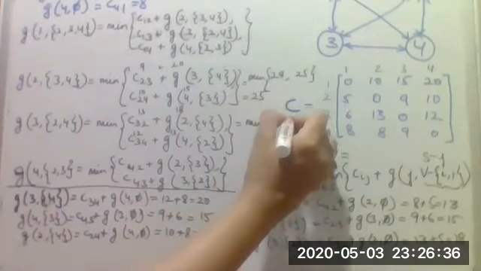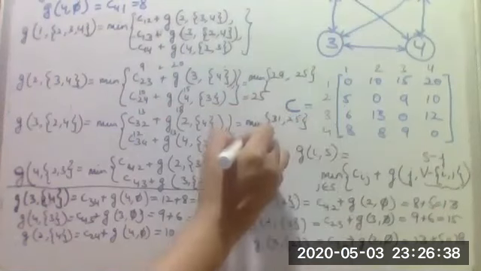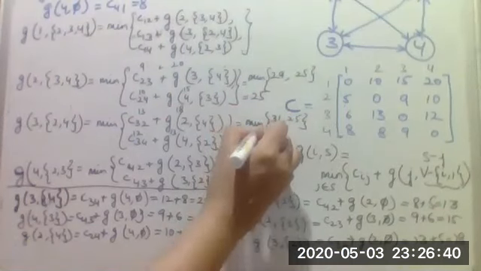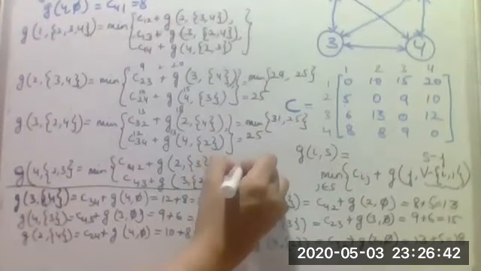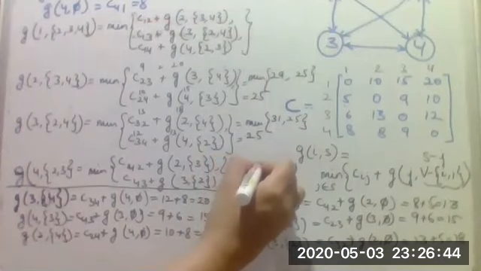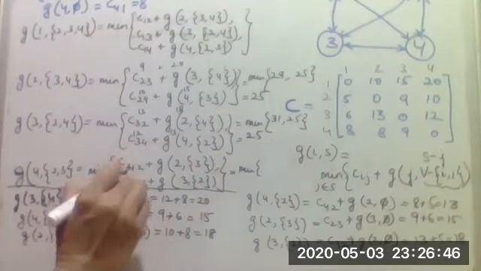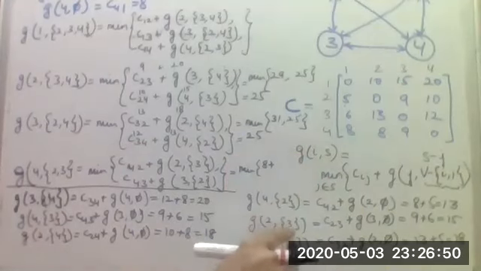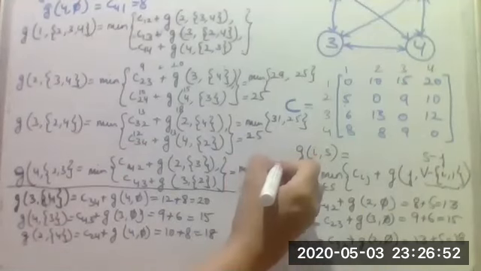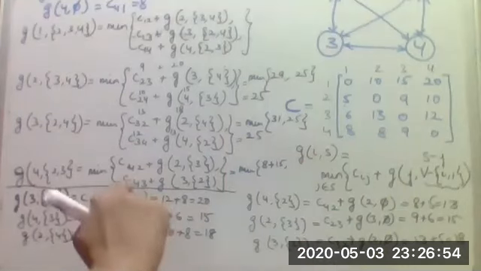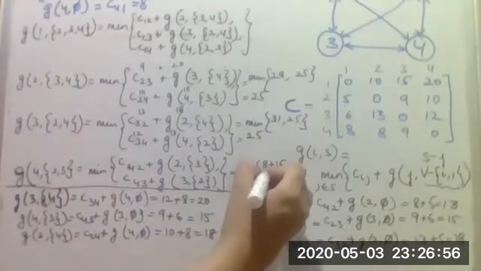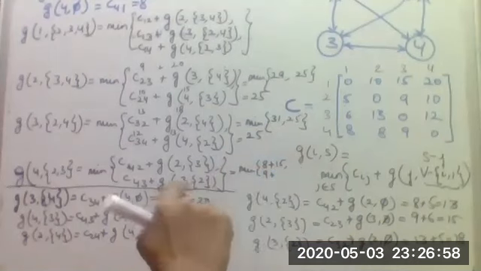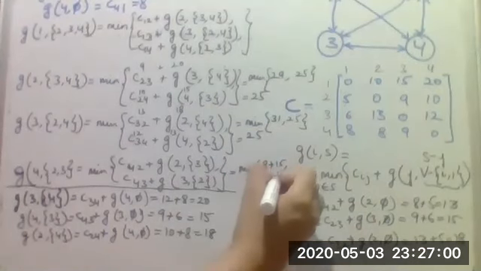So we'll get here 25, and the minimum of 31 and 25 is 25. Now the next one is C42, which is 8, plus G23 is 15, and C43 is 9, G32 is 18.